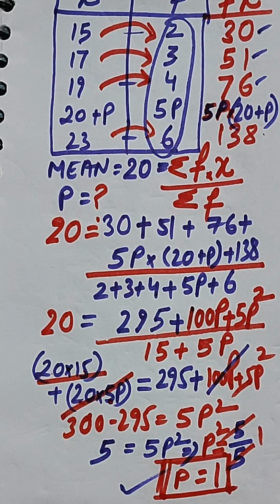So the mean and the median both are given, that is 50 and 52, and the value of the largest observation is given to you as 100.